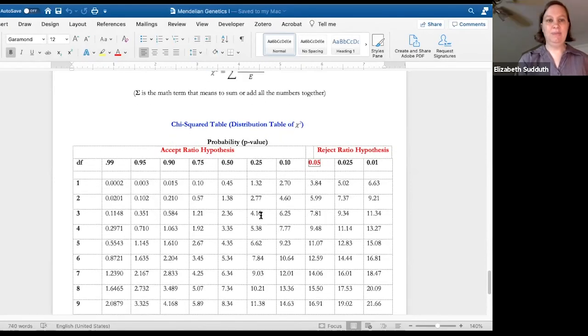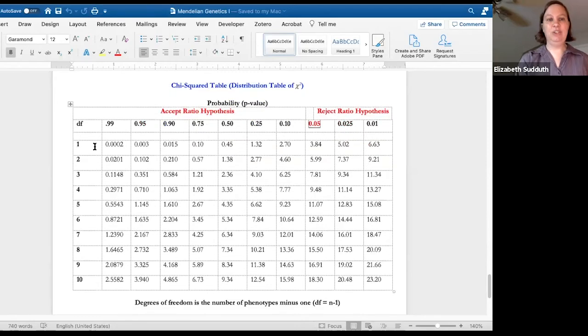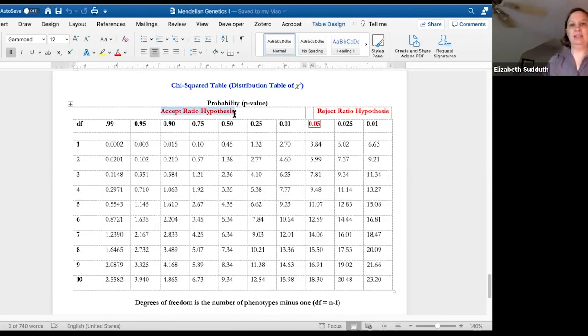Our degrees of freedom are 1, so we're in this very first column, and we're looking for 2.3. It's getting higher, it's getting higher. Here we are. So 2.3 would be between 1.32 and 2.70. So then we go up to the top row. Our p-value is going to be between 0.25 and 0.1. Both of those are greater than 0.05. So we're on this side of the table, and that means we accept our ratio hypothesis.